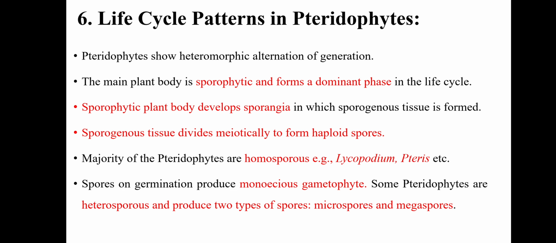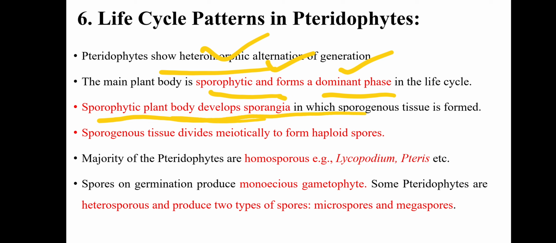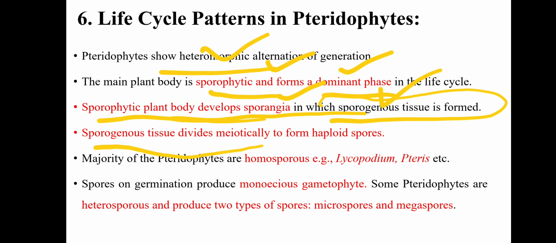Then the life cycle pattern of pteridophytes. Pteridophytes show heteromorphic alternation of generation because the two phases involved in the life cycle show different morphologies. The main plant body is sporophytic and the dominant phase in the life cycle. The sporophytic plant body develops sporangia, in which sporogenous tissue is formed. Sporogenous tissue divides meiotically to form haploid spores.